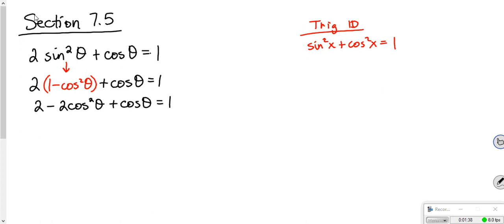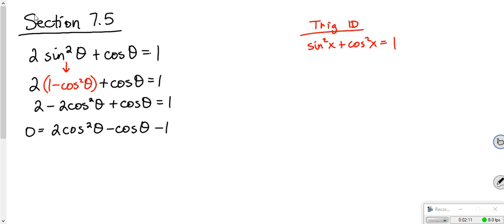Actually, I'm going to move everything over to the other side so that 0 equals 2 cosine squared theta minus cosine theta minus 1. I just moved everything over so that my leading term, my cosine squared term, would be positive and everything's together.